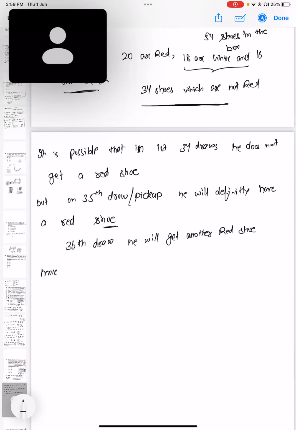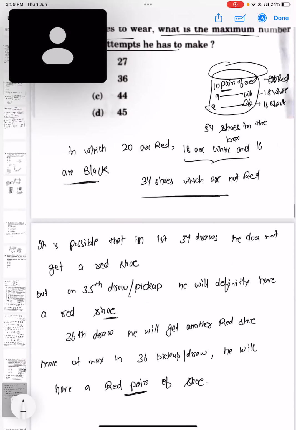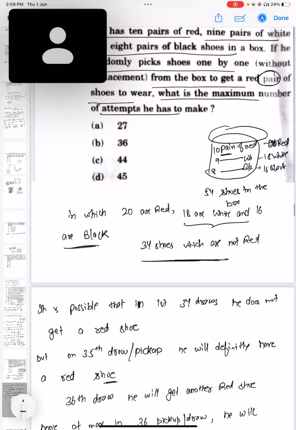Hence, at max, in 36 pickups or draws, he will have a red pair of shoes, right? So option B is correct.